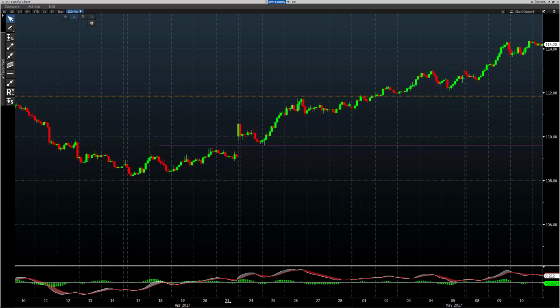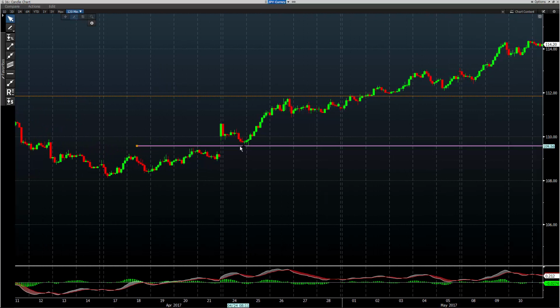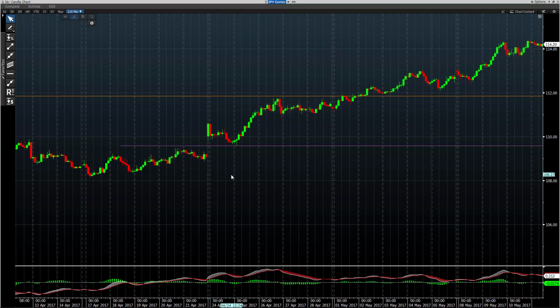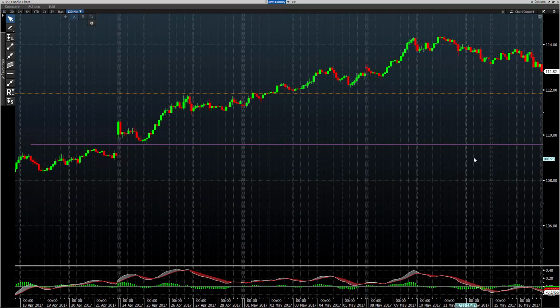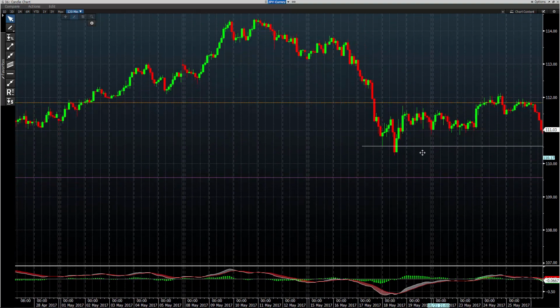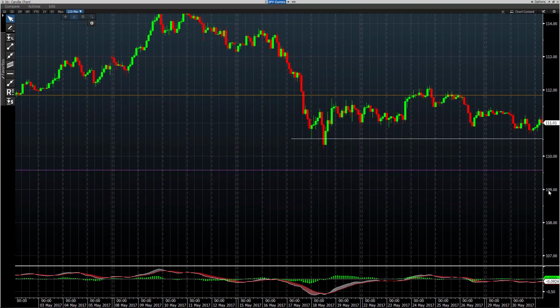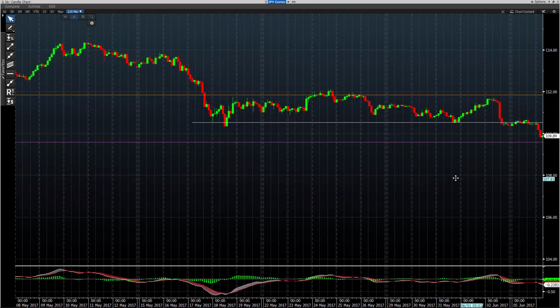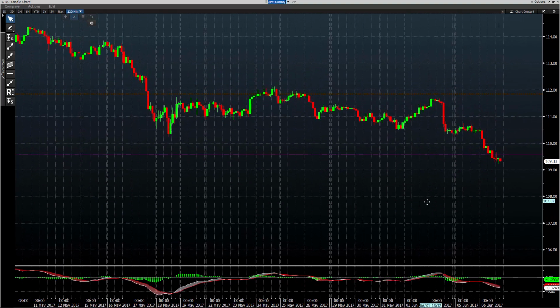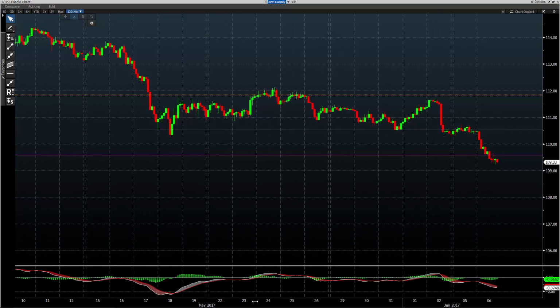Just to refresh your memory, that is the French elections, where the market got a lot of upside, equities went higher, and dollar yen traded higher. Dollar yen's been on a very bullish tone since then, taking us from 108 up to above 114. We've seen nothing but pullback since the 114 level. Today's action, down below 110, takes out that 109.60 level, so we continue to see yen strength.